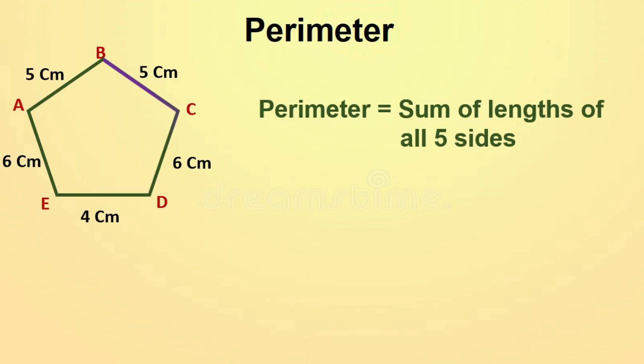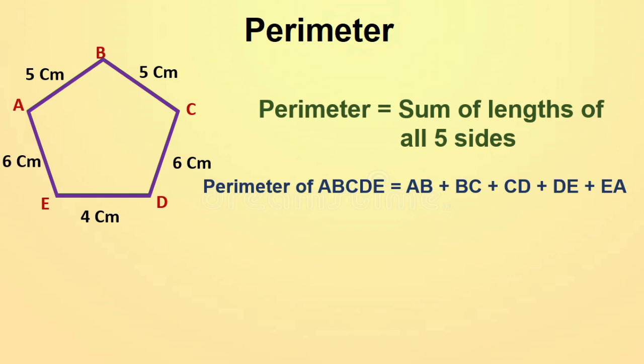Okay, we will write like this. See here, perimeter of ABCDE is equal to AB plus BC plus CD plus DE plus EA. Now it is very easy, we have to substitute the measurements here.